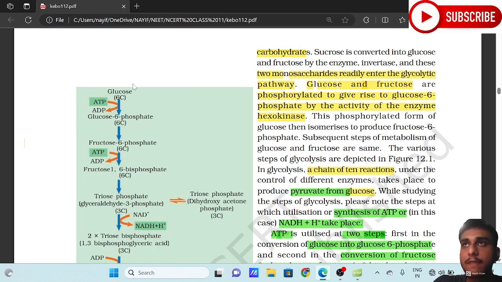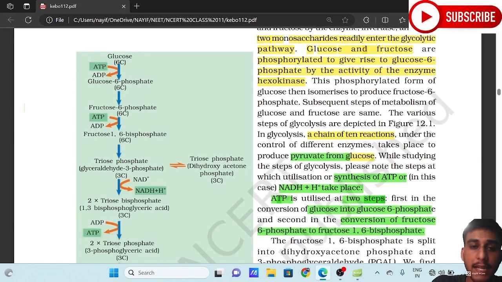So the first molecule is glucose. Glucose is converted to glucose 6 phosphate, then fructose 6 phosphate, then fructose 1,6 bisphosphate. Fructose 1,6 bisphosphate is converted into two molecules, glyceraldehyde 3 phosphate and DHAP, which means dihydroxyacetone phosphate.